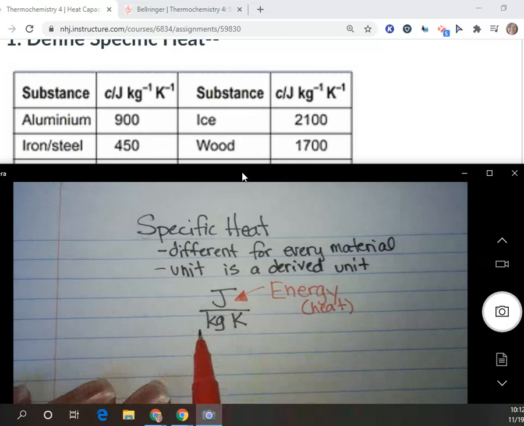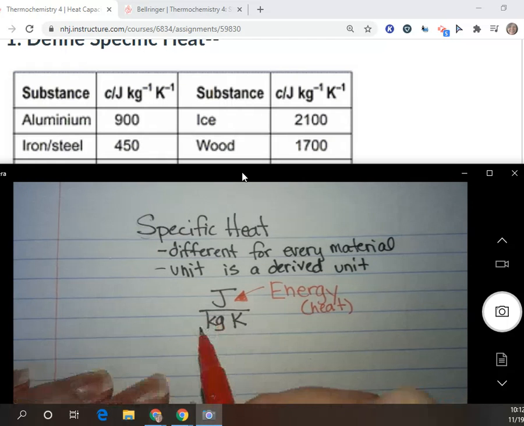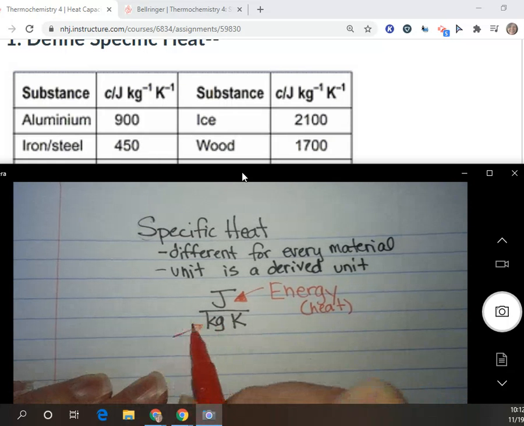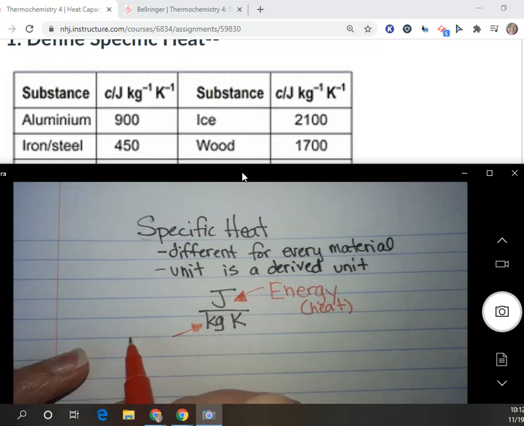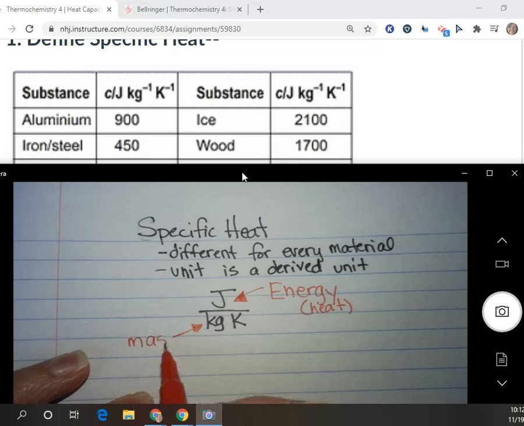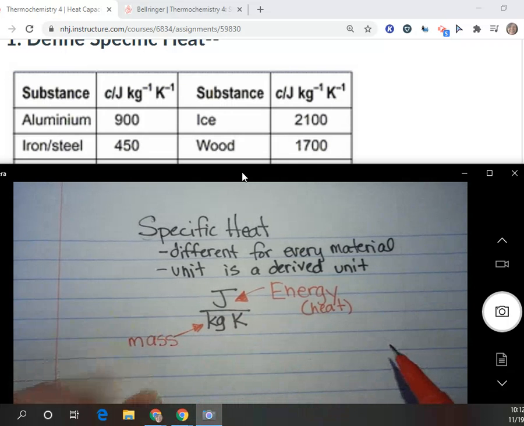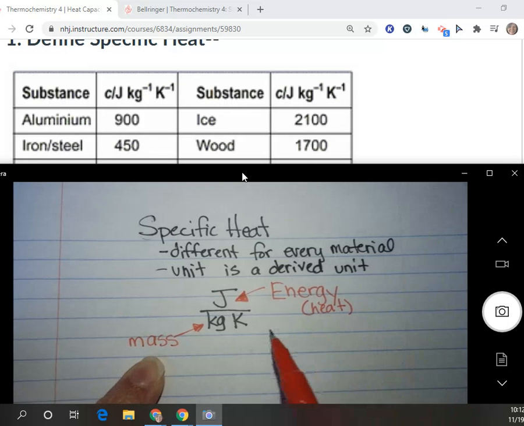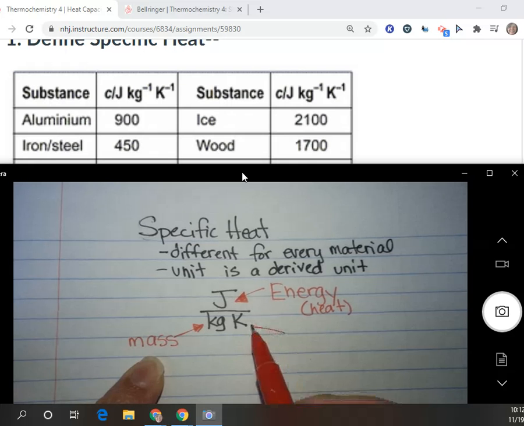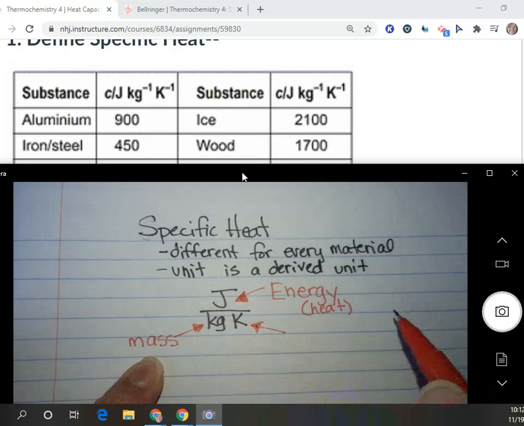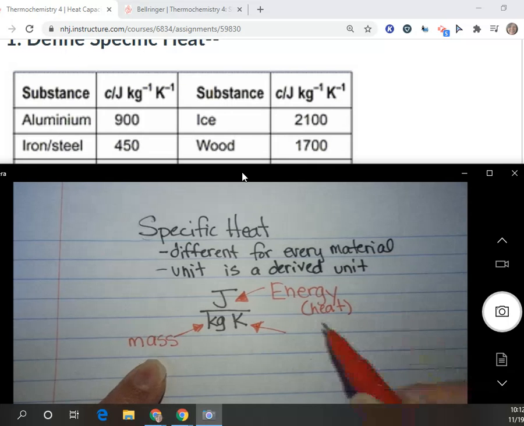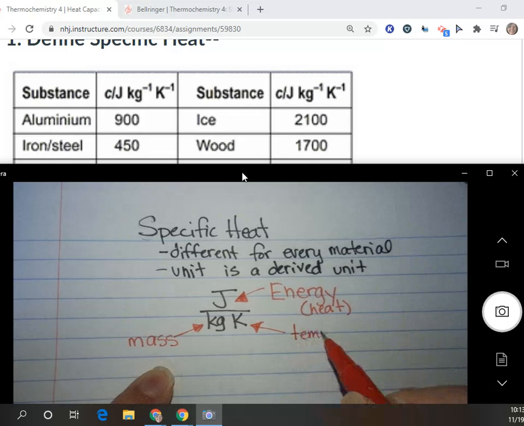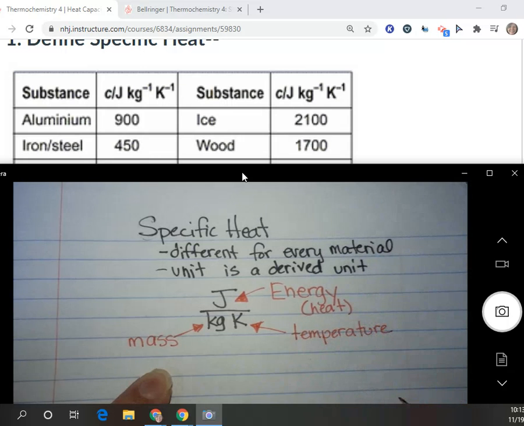Well, what does gram measure? When we're thinking about units and standard units, we know that kilogram is the standard unit of mass in the SI system. What does Kelvin measure? Temperature.